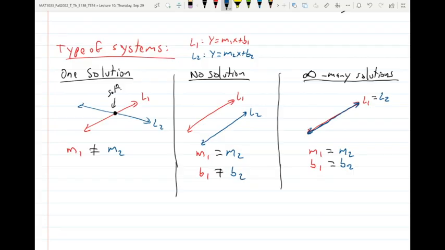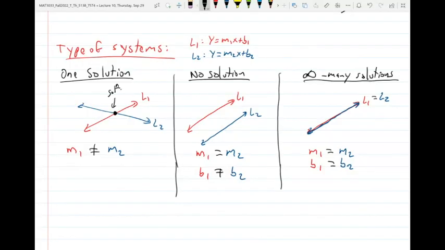Now, each of these cases has a name. Okay? In the case that there is a solution, which is the first and the last, because here there is at least one solution, we say the system is consistent. And when there is no solution, which is here, we say the system is inconsistent.